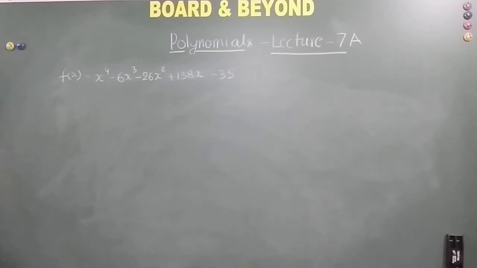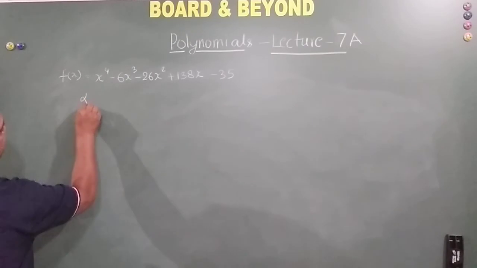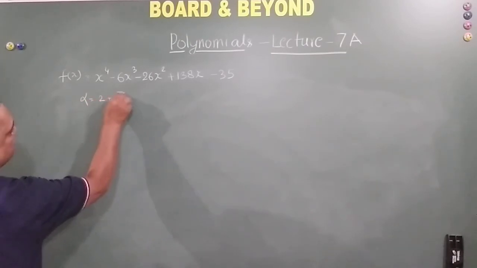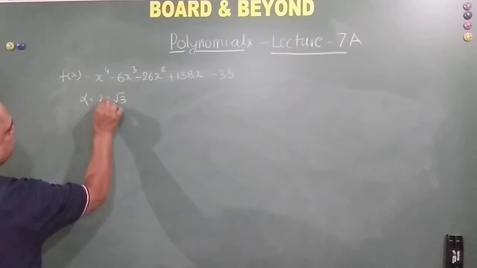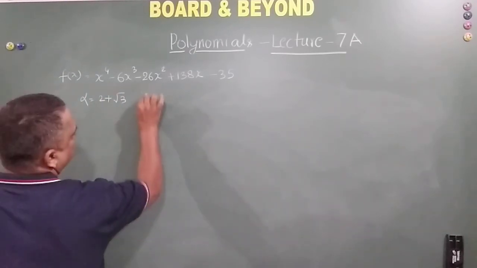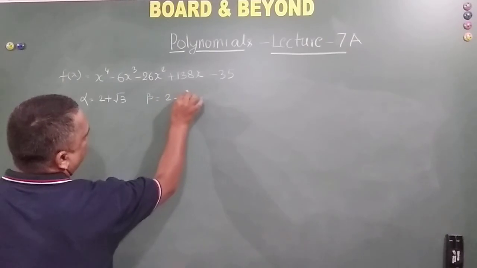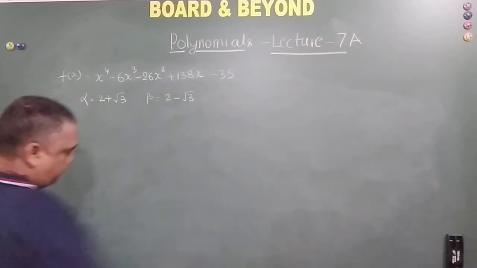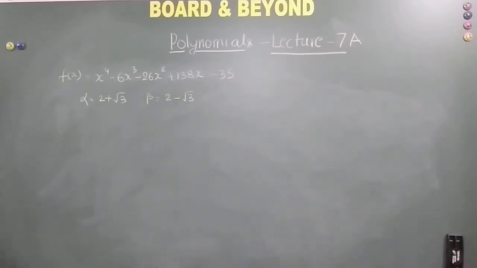And what else is given? It is given that 2 zeros of the polynomial are 2 plus root 3. So alpha is equal to 2 plus root 3, right? And beta is equal to 2 minus root 3. What are we expected to do?